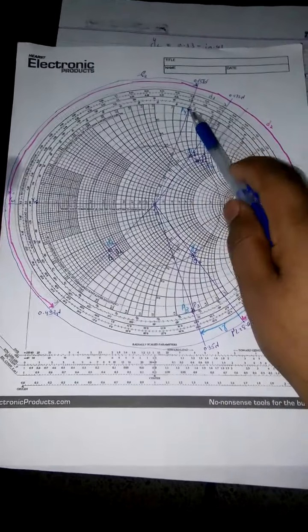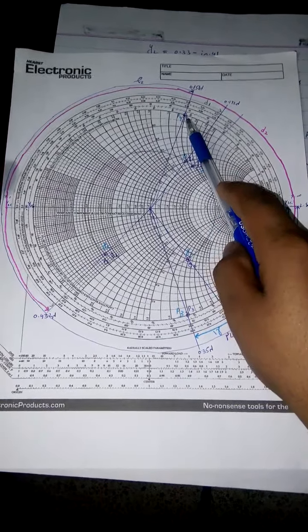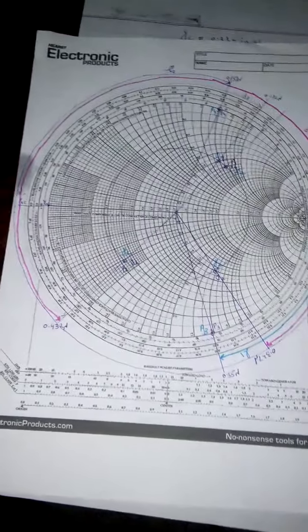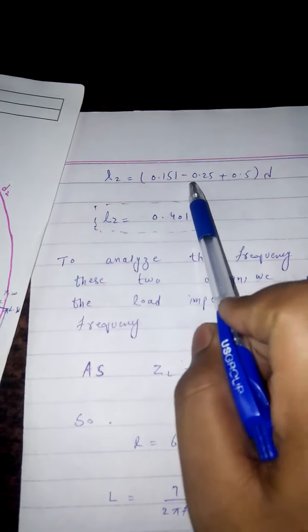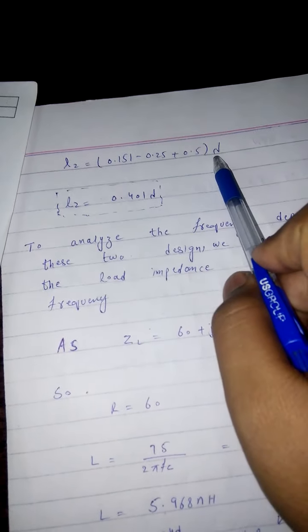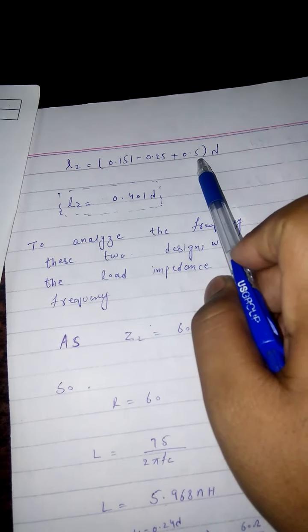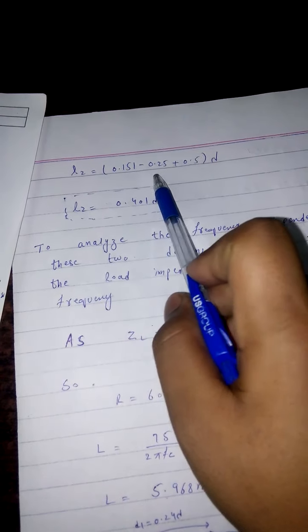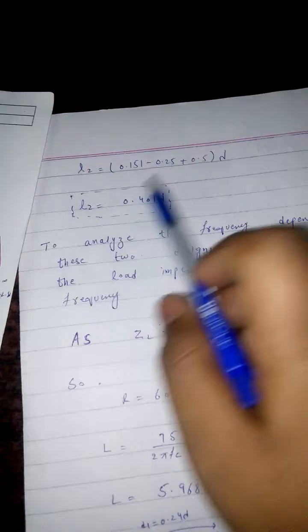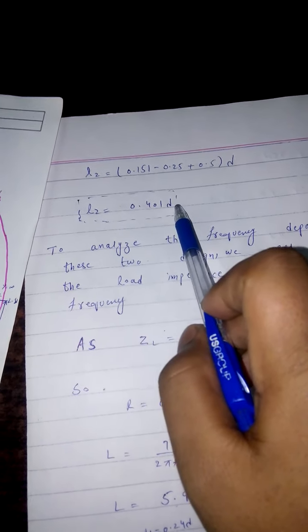To calculate the length L2, we move from the short circuit to this point, so L2 would be 0.15 minus 0.25 lambda plus 0.5 lambda. We have added 0.5 lambda because our length would be negative, and length cannot be negative. So our L2 will be 0.401 lambda.